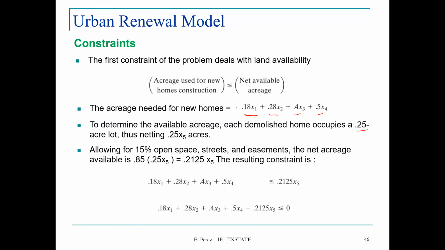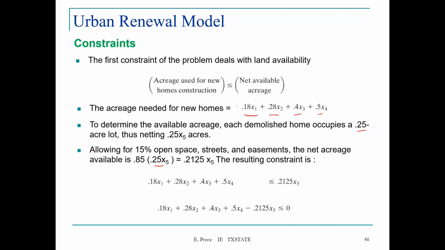So the net acreage available is going to be 0.25 times X5, which is the number of units that we're going to demolish. But the actual space available for us to build new homes is going to be less than that, because we have to save 15% for the utilities, the open space, and so on.